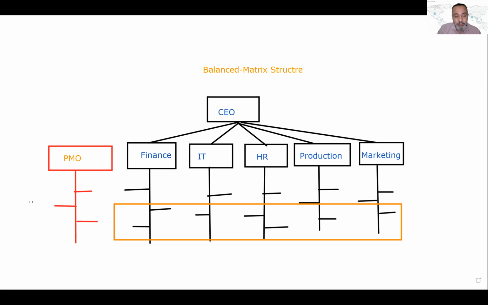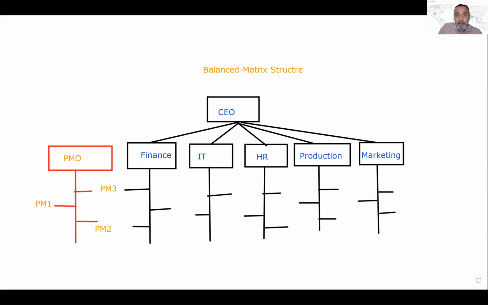Project managers, right? So Project Manager 1, Project Manager 2, Project Manager 3, and so on. So if you have a project now, what do you do? You assign one of the project managers, and notice that those are professional project managers, experienced project managers, fully dedicated to manage the projects in the organization.